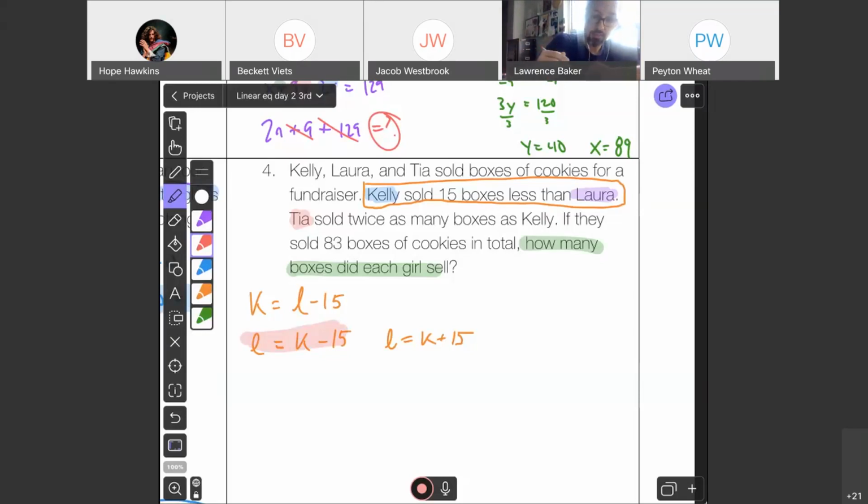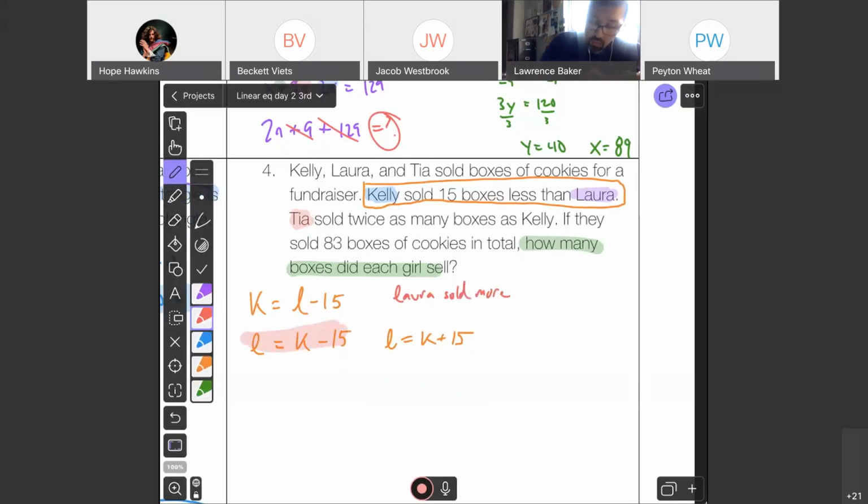One, I think the easiest one, is if you just say who's got more boxes, Laura or Kelly. You should be able to read that sentence and say who has more. Laura has more, right? And so we know that. We can make pretty easy sense of that: Laura sold more.